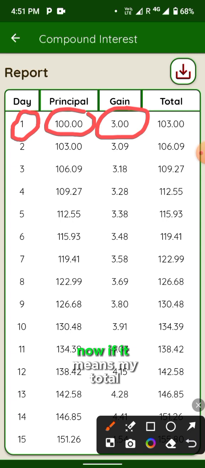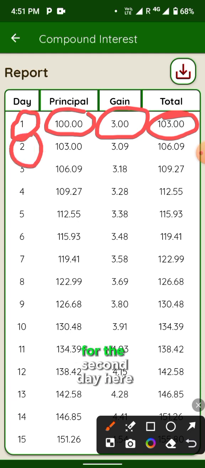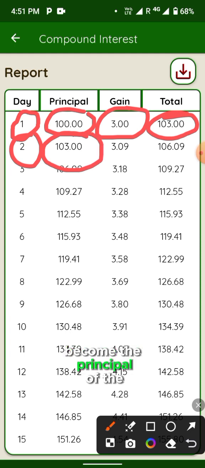So my total after the trade will be $103. Then, as I go to trade for the second day, my total of the first day becomes the principal of the second day.